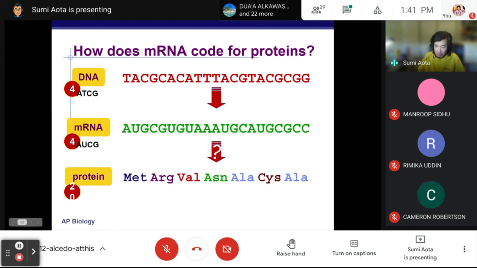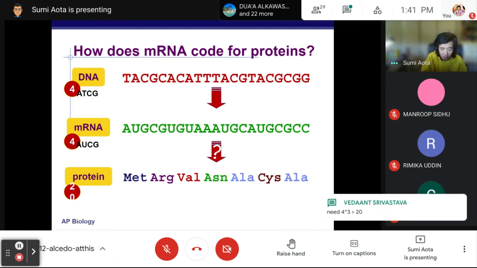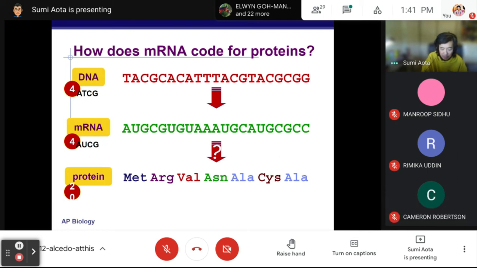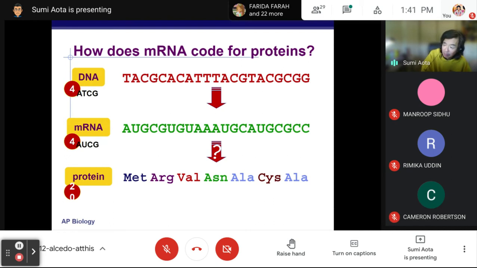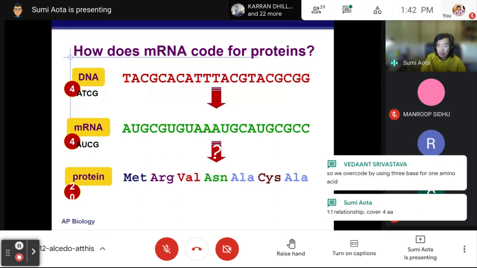So I'm going to type this in the chat. If you had a 1-to-1 relationship, in other words, if you had one base represent one amino acid, you'd only cover 4 amino acids. Insufficient.